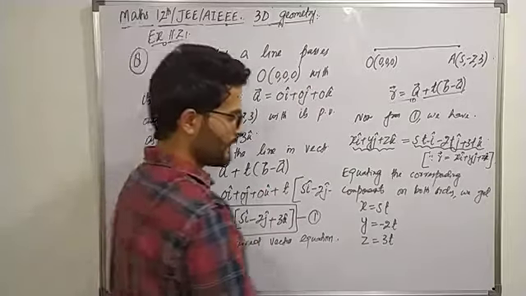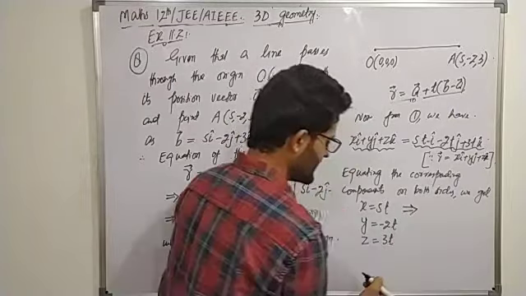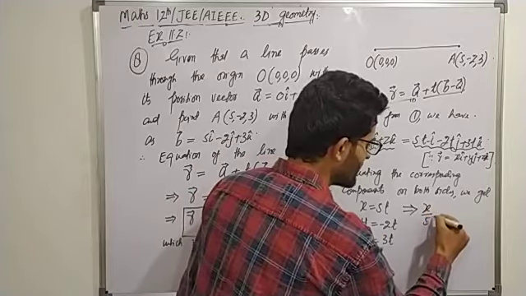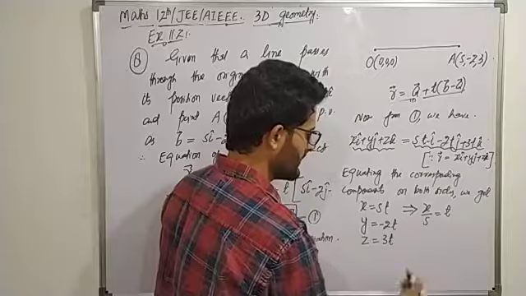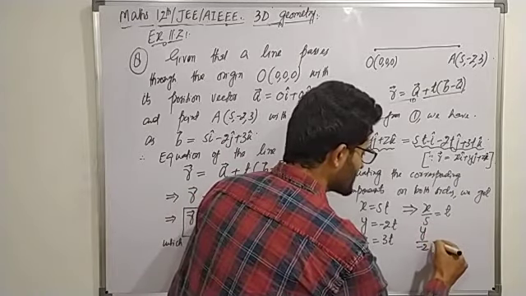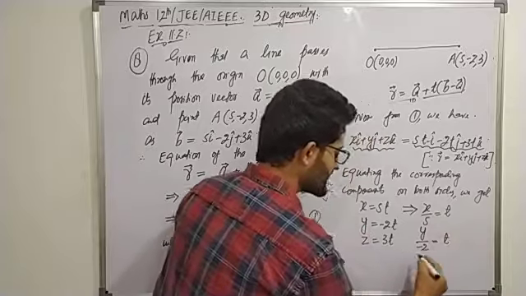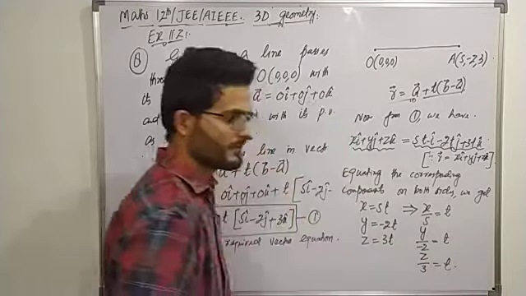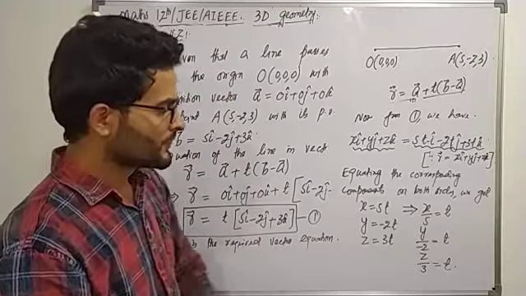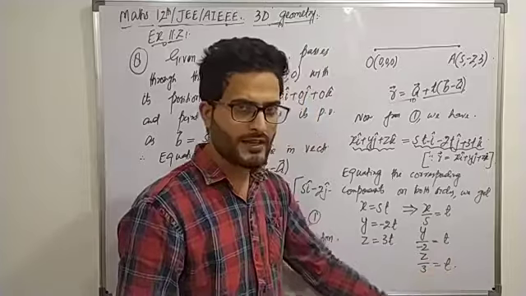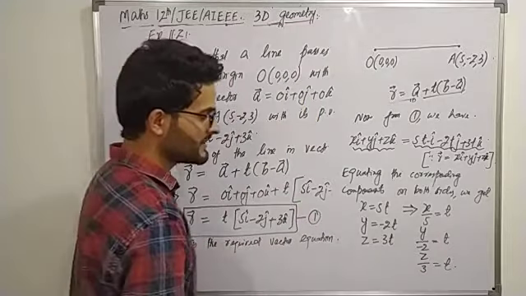Clear? From here we can write implies, yes, x divided by 5 is equal to t, y divided by minus 2 must be equal to again t, and z divided by 3 must be again equal to t. Right? T and t RHS is same है, तो LHS must be same.